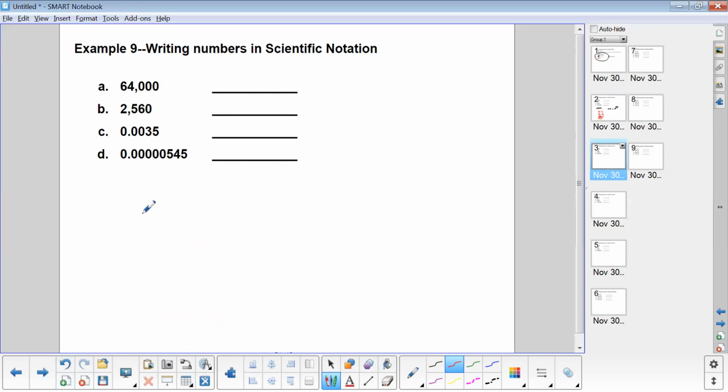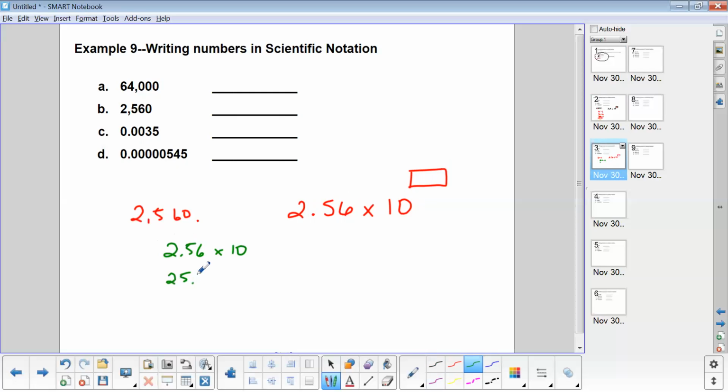Let's take the number 2,560. Well, the decimal point is right here on the number 2,560. So my A value would be 2.56 times 10 to some power. So if I take 2.56 and multiply it by 10, I get 25.6.